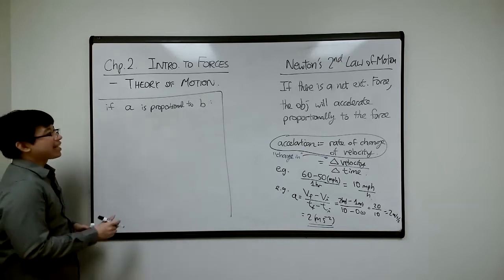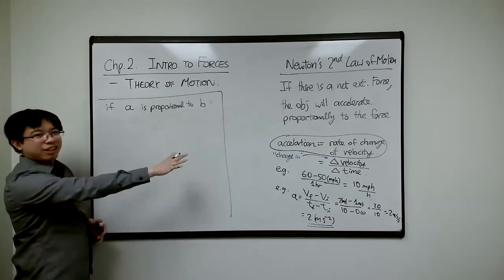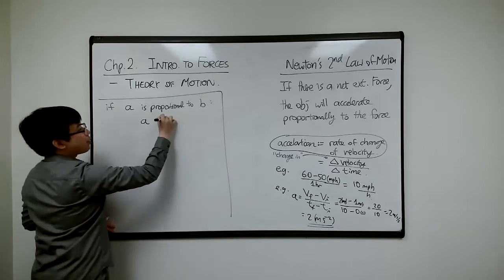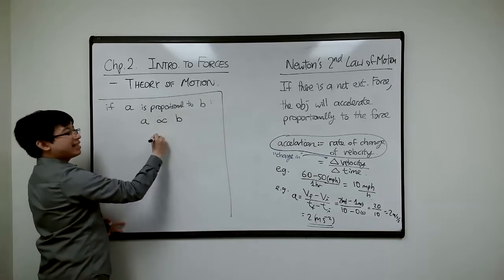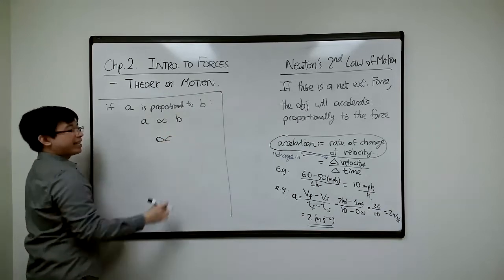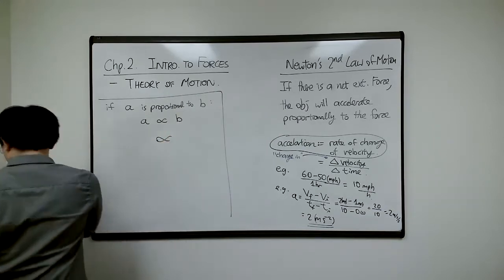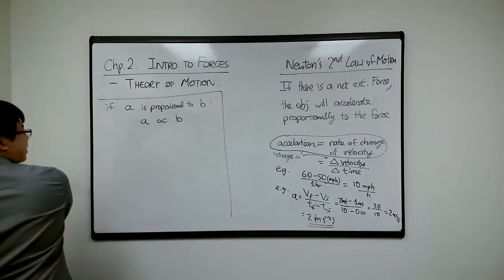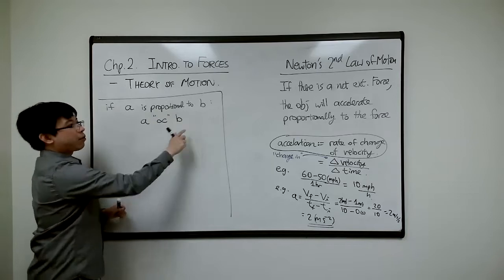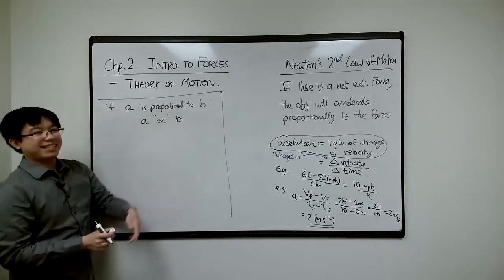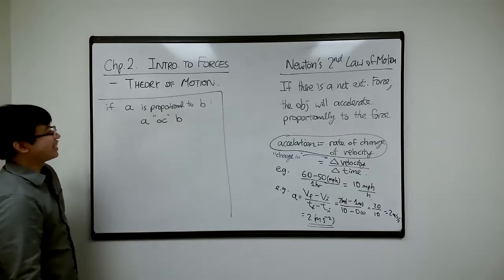Even that looks like a lot of words, especially such a long word to write. So we invent a symbol like this. It's almost like an infinity sign with a gap and a little bit more squashed. So this little symbol just means A is proportional to B. It's a lazy way to write that, and for taking notes, it's very good.